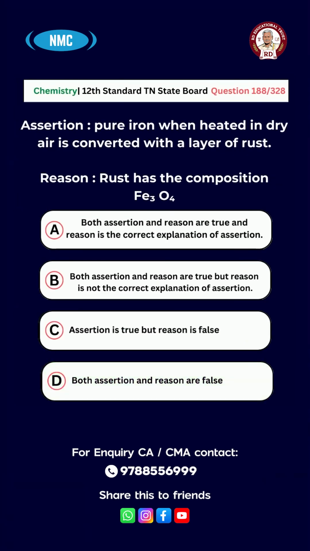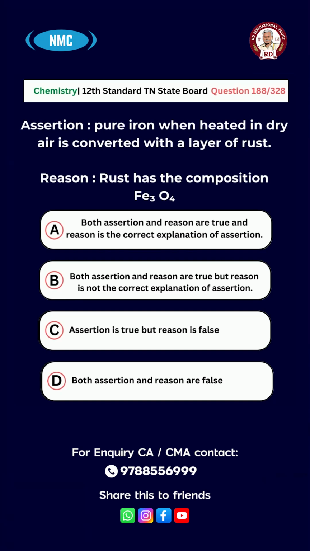Question number 188. Assertion: Pure iron when heated in dry air is converted with a layer of rust. Reason: Rust has the composition Fe3O4. Option A, if both assertion and reason are true, and reason is the correct explanation of assertion.